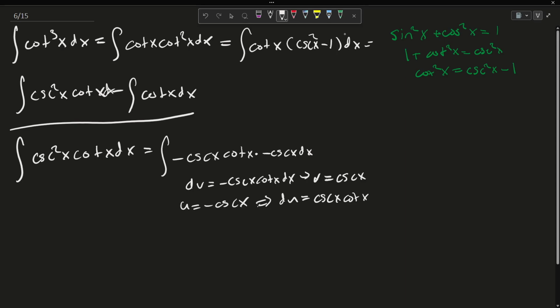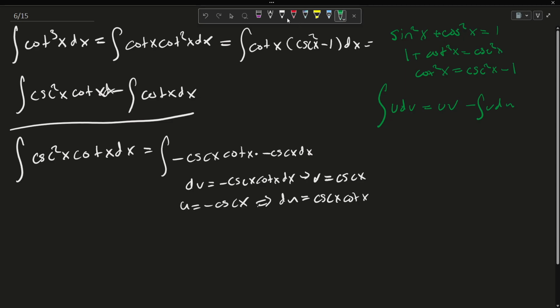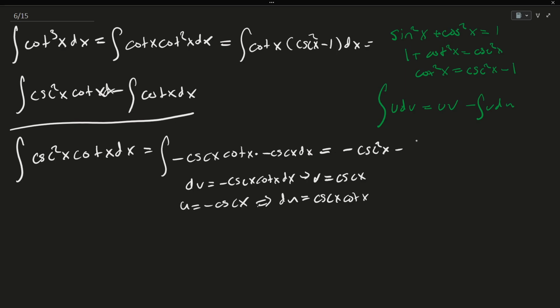So now we need to use the integration by parts formula, which is the integral of u dv equals uv minus the integral of v du. So we can set this equal to uv, so negative cosecant x times cosecant x is negative cosecant squared x, minus the integral of v du. So we have cosecant squared x cotangent x.